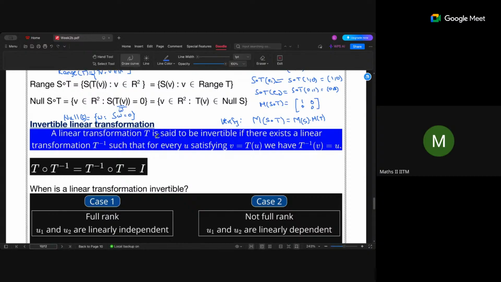This is the definition of an invertible linear transformation. When you compose T with T inverse, you should get the identity. Is that fine?